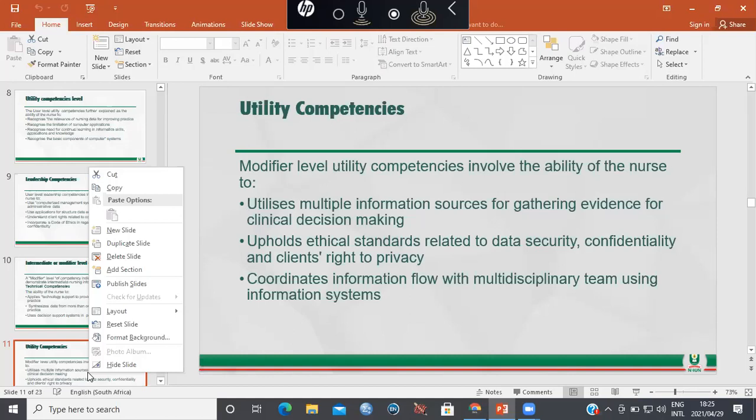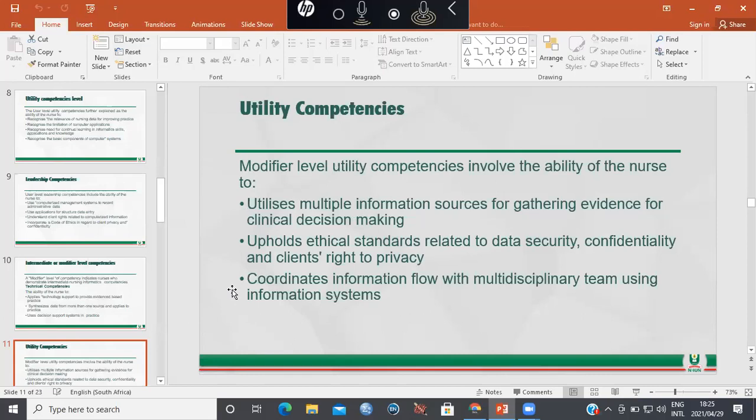And lastly, coordinate information flow with multidisciplinary team using information system.